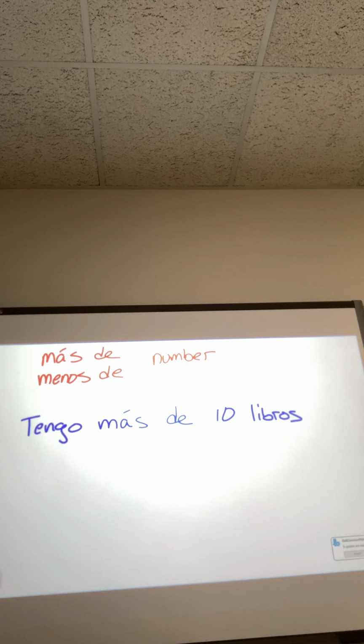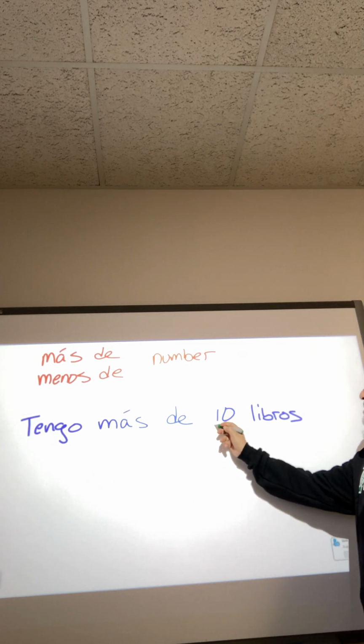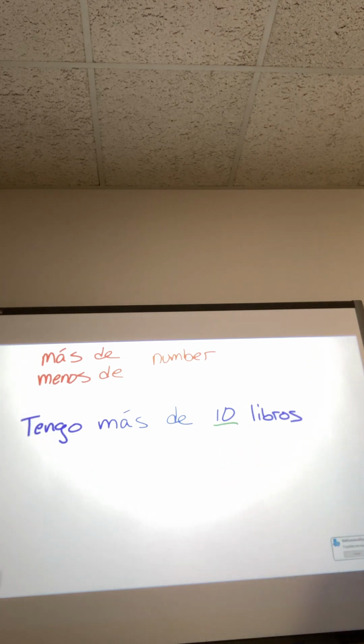In this case, you combine más de or menos de and then whatever number. So, tengo más de 10 libros. I have more than 10 books. Tengo menos de $100. I have less than $100. Yeah, no, really, I do. That's to give an unequal comparison of numbers.